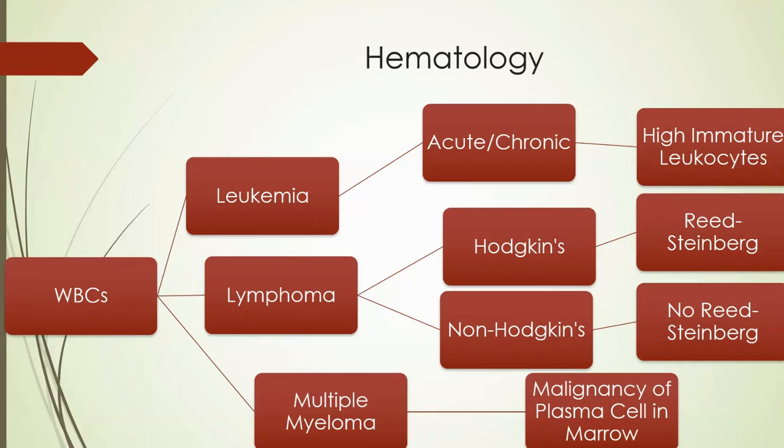Again, we can have high immature white blood cells. And the immature cells aren't ready to work yet. And they're not going to be able to do much. The patient is going to be more prone to infection, fatigue, petechiae, or kind of the pinpoint bleeding, pallor, bruising, excessive bleeding, and weight loss.